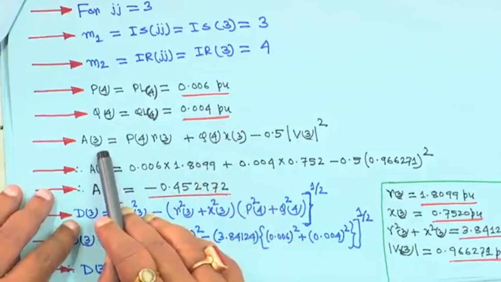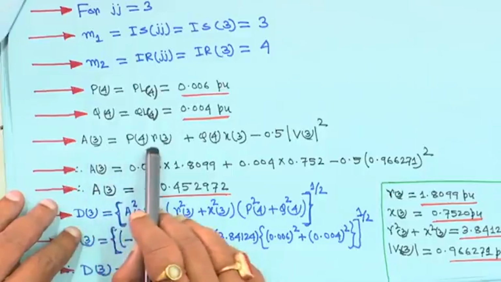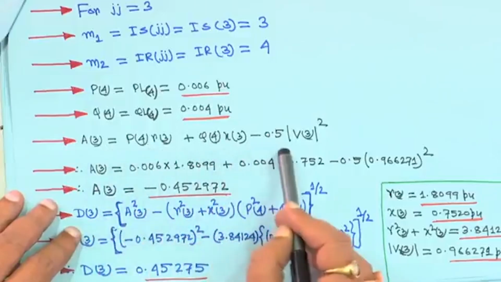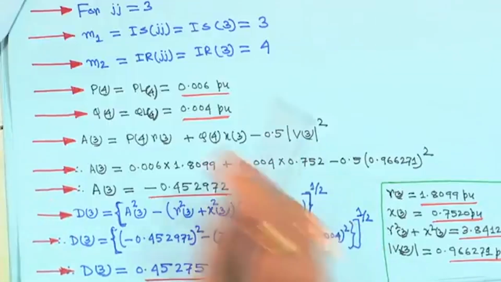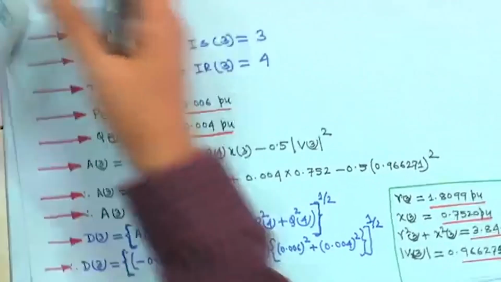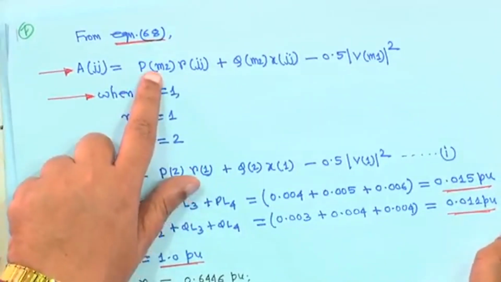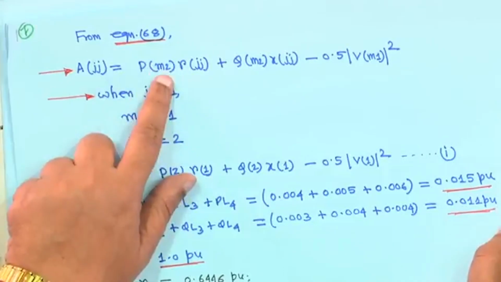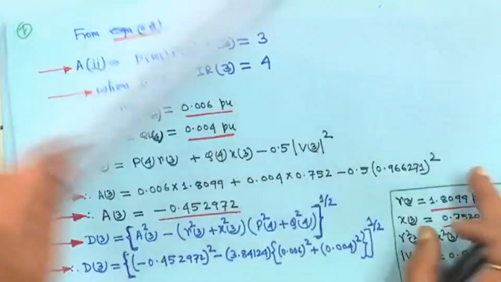So, again from those equations for A jj and D jj: A 3 will be P 4 R 3 plus Q 4 X 3 minus 0.5 V 3 square, from the same equation of A jj, that is equation 68. Here you put m2 equal to 4 and m1 equal to 3, same equation 68.